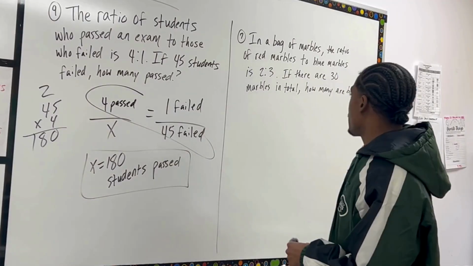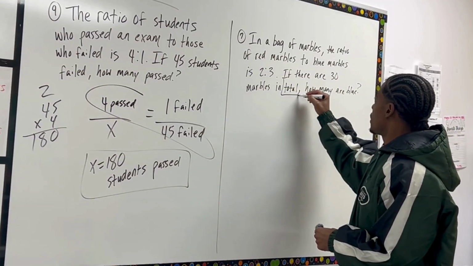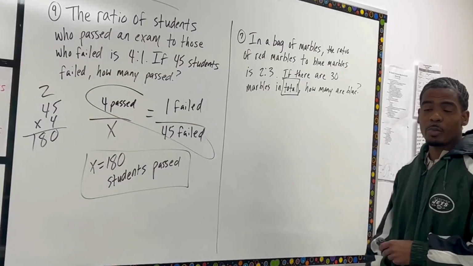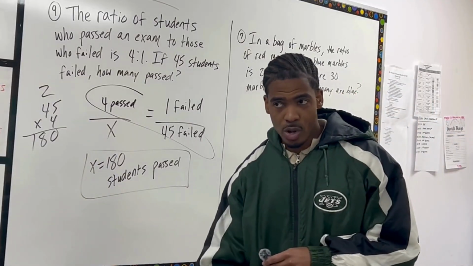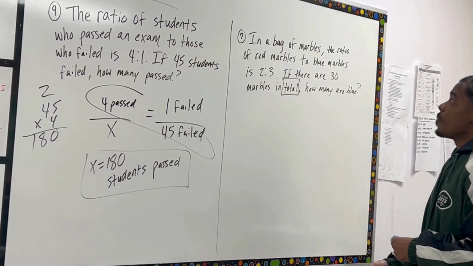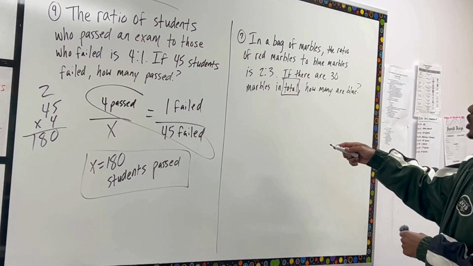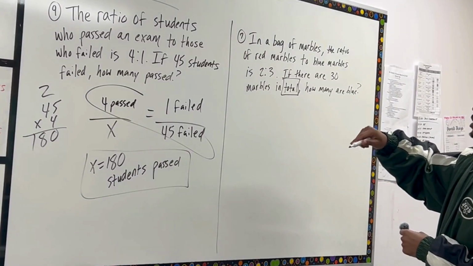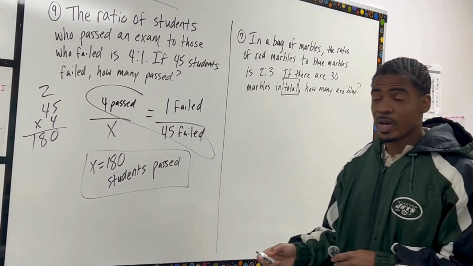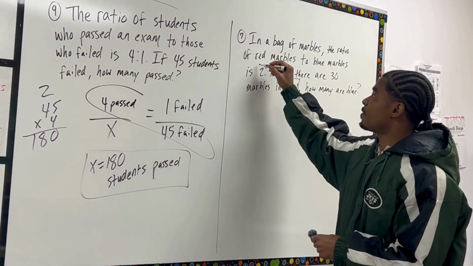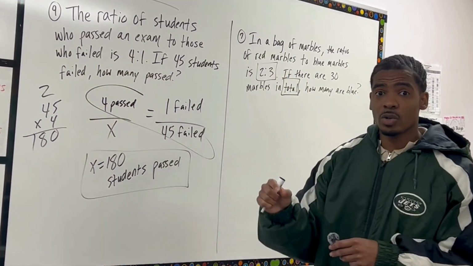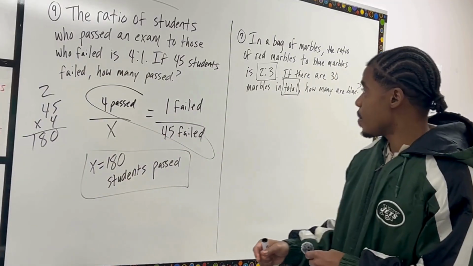So this is probably the most important part. We're focusing on the total. If I'm dealing with a ratio of 2 red marbles to 3 blue marbles, we have to make sure we're identifying what the total is for our given ratio.